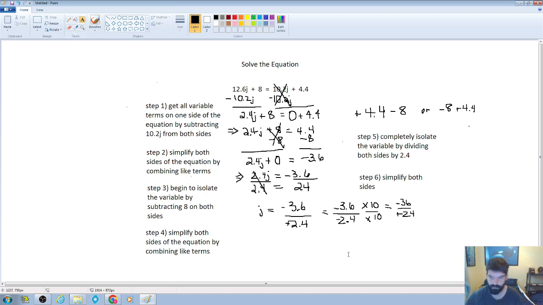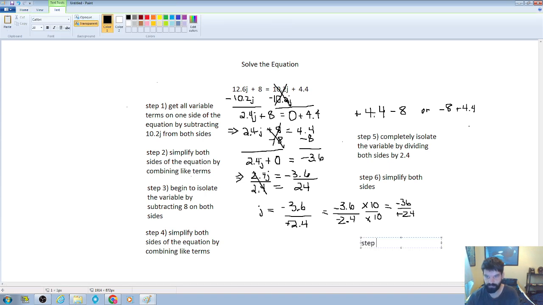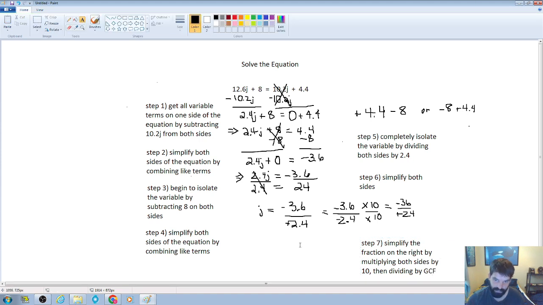So taking an extra step here, step 7: simplify the fraction on the right by multiplying both sides by 10, then dividing by the GCF, or greatest common factor.